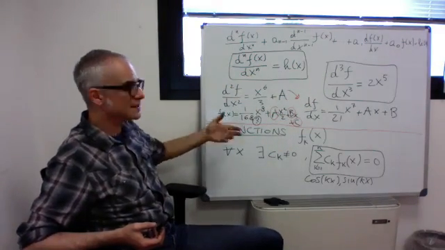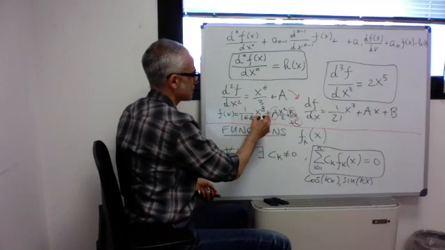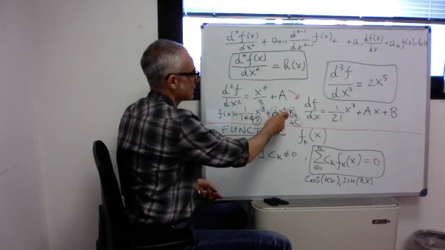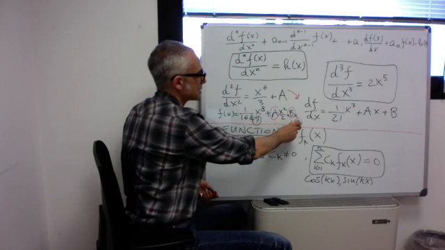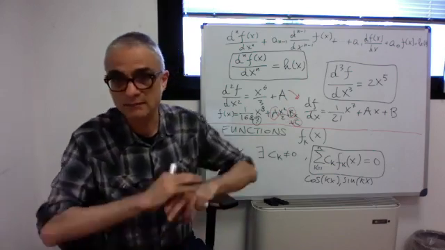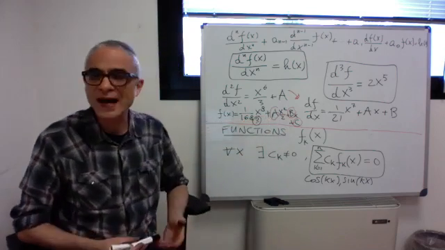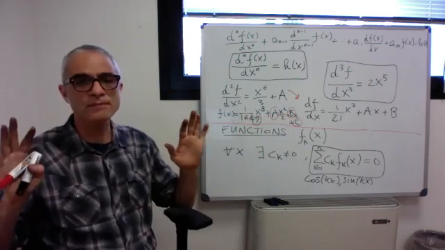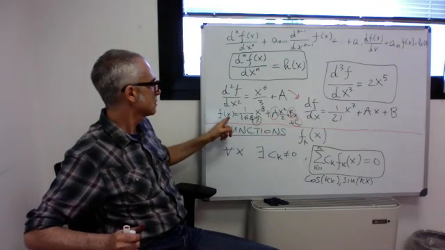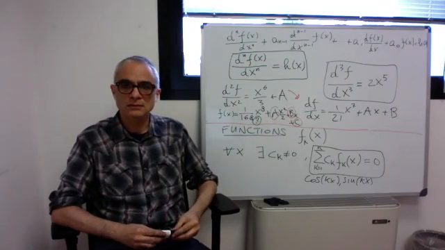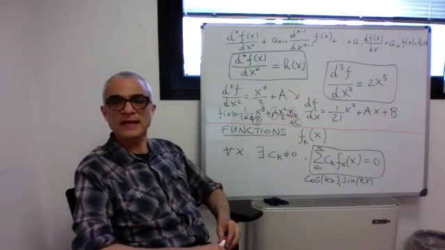It's a linear combination of this function here, x to the power of a, this function here, x squared divided by 2, this function here, x, and then this function which is a constant. So what we've just found is that any linear combination of these 4 functions will be a solution to this equation.